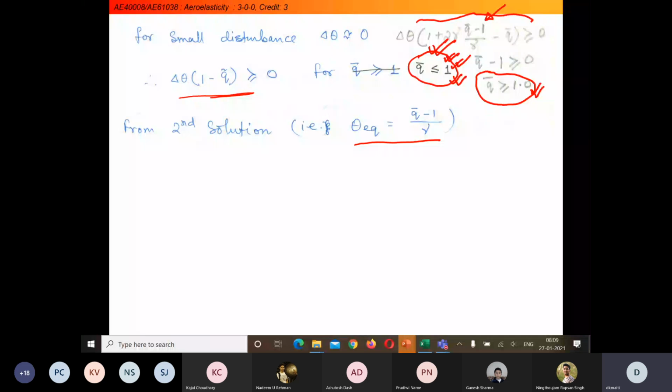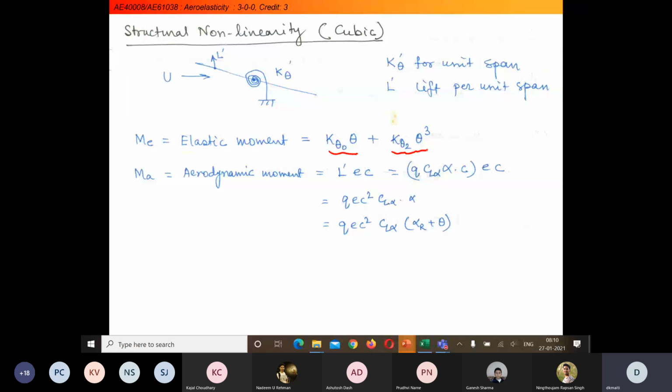So L prime into e into c, the lift value, is q CL alpha into c multiplied by e c. So we get q e square CL alpha into alpha, and this alpha we substitute here as q e square CL alpha multiplied by alpha r plus theta.